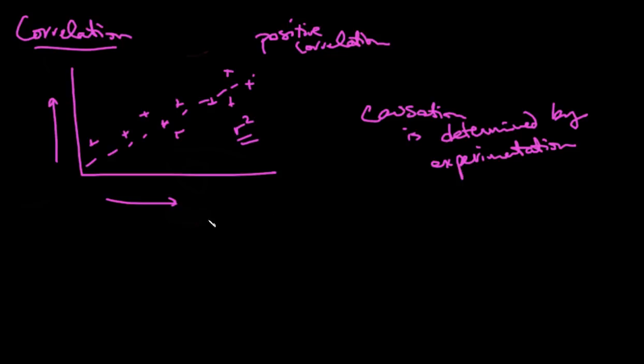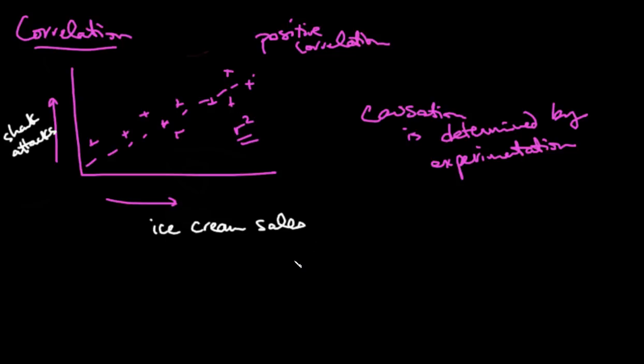I'll give you a hypothetical here. So if we were to compare two data points that we just collected, like let's say ice cream sales and shark attacks, right? So I think that you would probably expect to have a positive correlation. As there are more ice cream sales, there are more shark attacks.